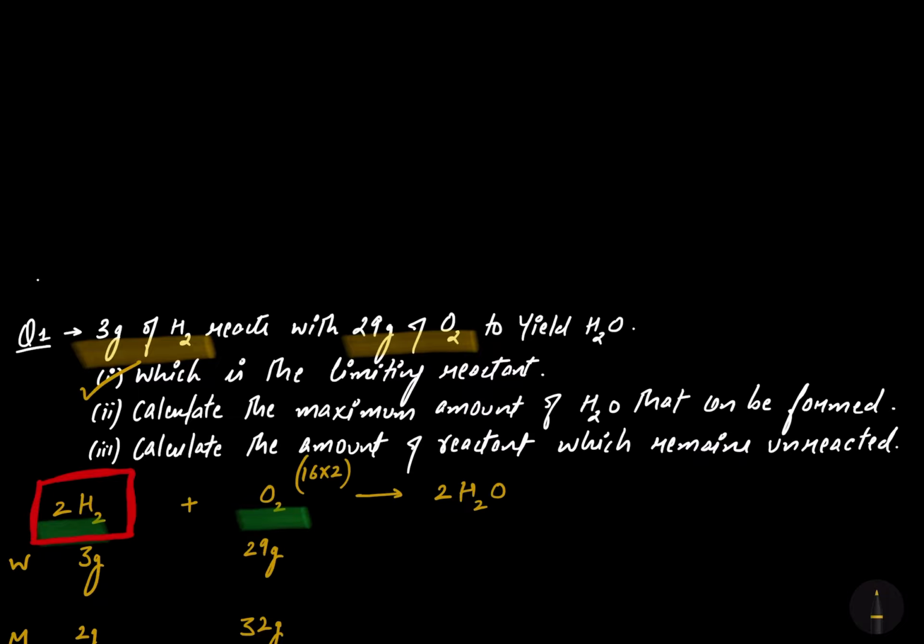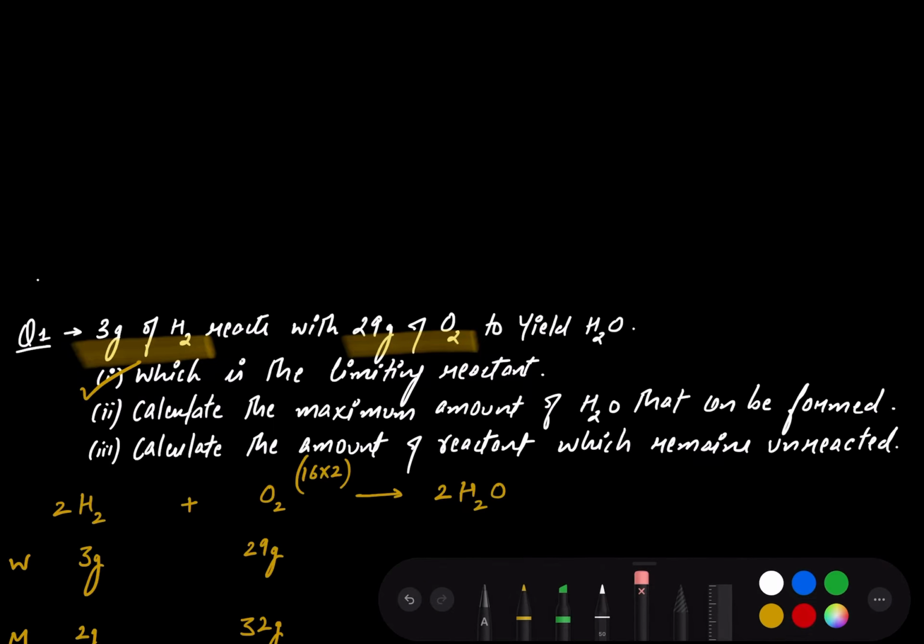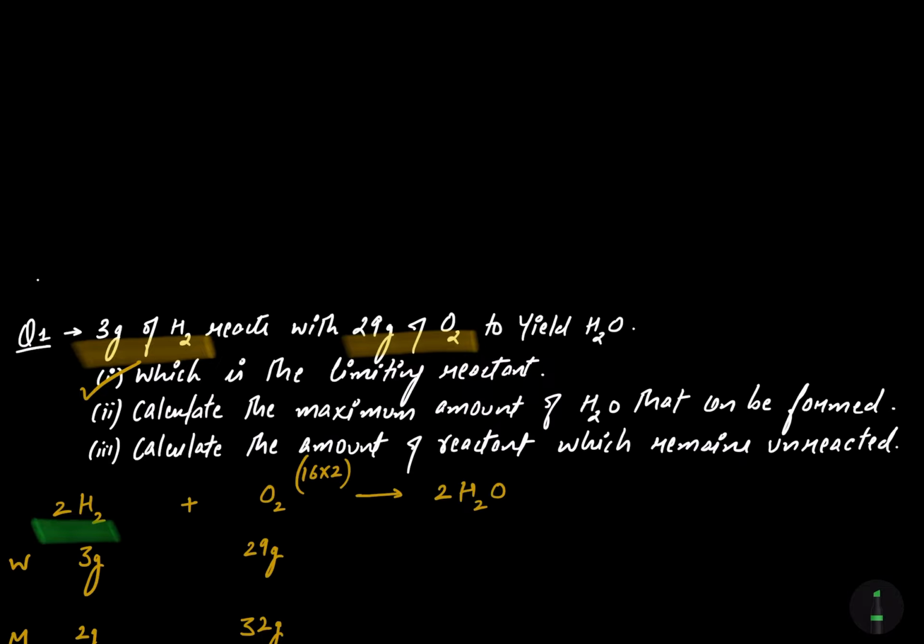Now the second question: calculate the amount of H2O that can be formed. So now with the help of the chemical reaction, I will evaluate the quantity of H2O that is formed. I got my limiting reactant to be hydrogen, and accordingly I will evaluate the quantity of water.